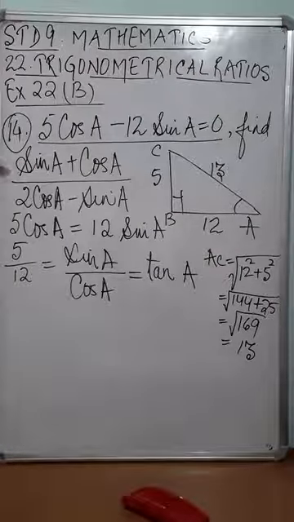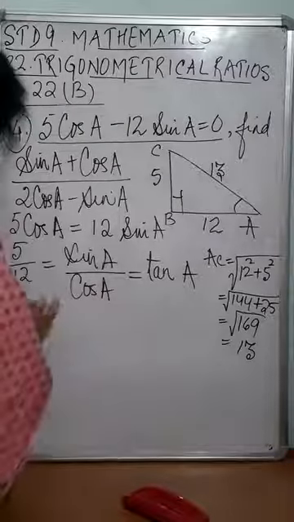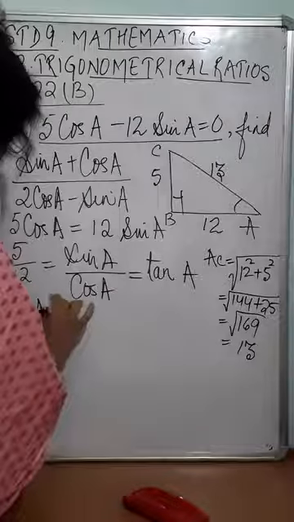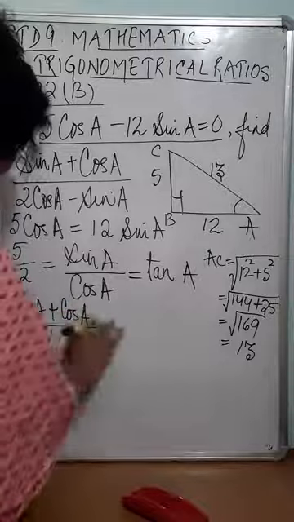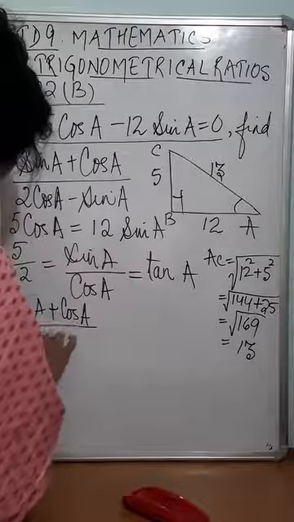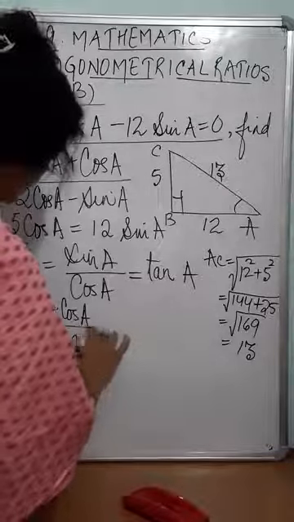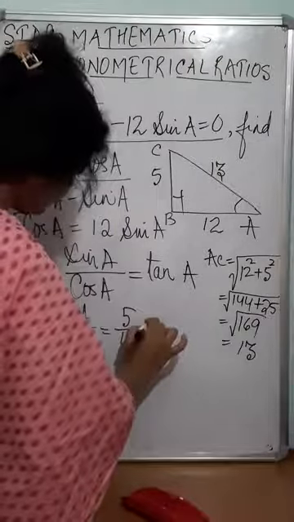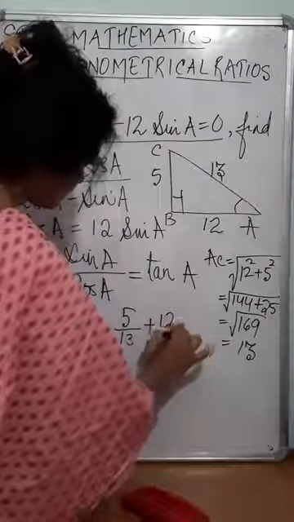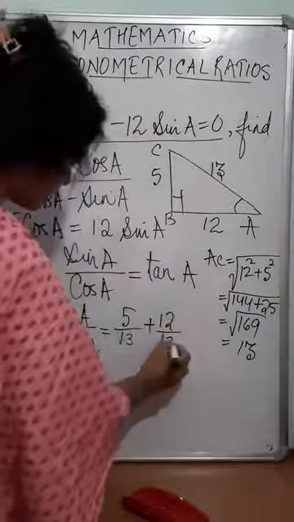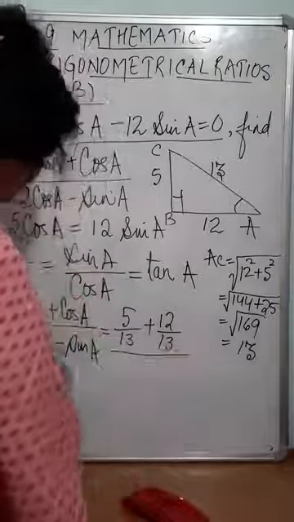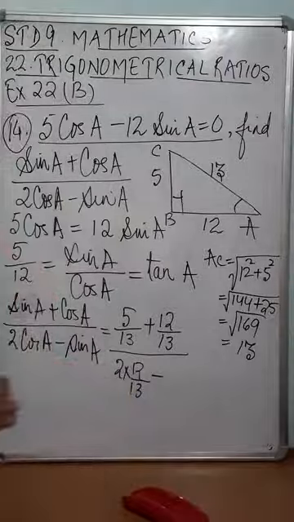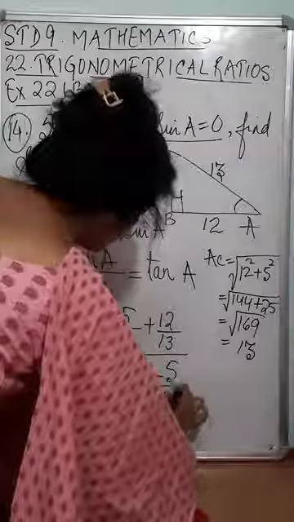Now we can simplify what is asked. Sin A plus cos A divided by 2 cos A minus sin A. Sin A equals 5 by 13 plus cos A is 12 by 13, and 2 times cos A is 2 into 12 by 13 minus sin A, that is 5 by 13.